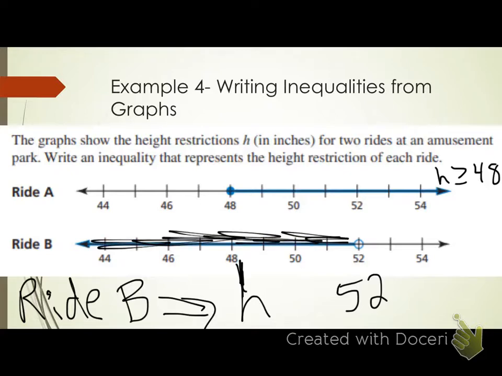So that's everything that's less than 52. It is an open dot on 52, so I know there's no line under it. So this is my inequality for ride B. It means you have to be less than 52 inches tall to ride this ride. So I hope you guys saw how we got that from our graphs. If you have any questions, please let me know.